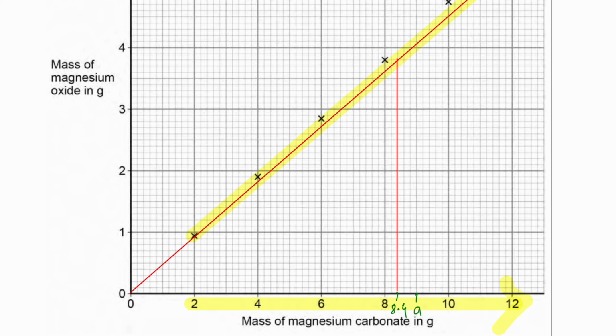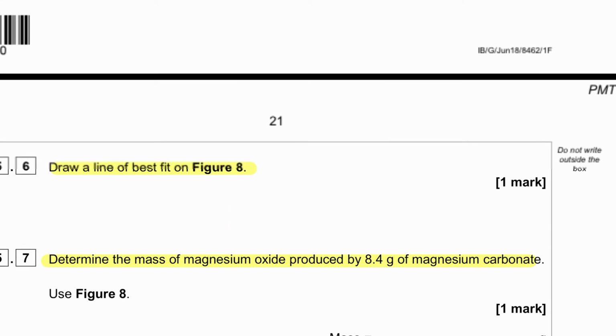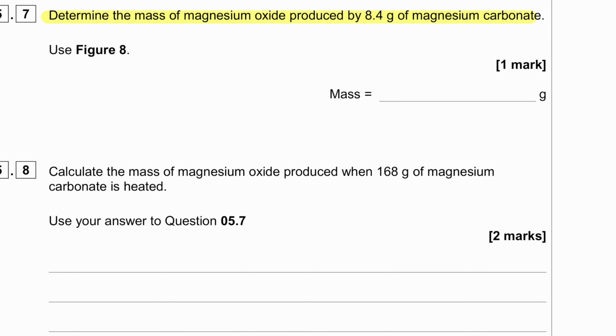Okay, and then from that particular point we are going to draw another straight line which is going to touch this line. So now we're going to count this one. So this is 3.5, 6, 7, 8, 3.8. So guys, the mass will be 3.8.